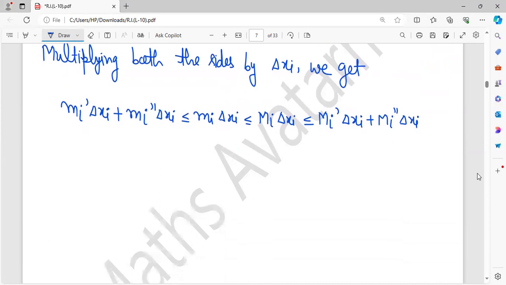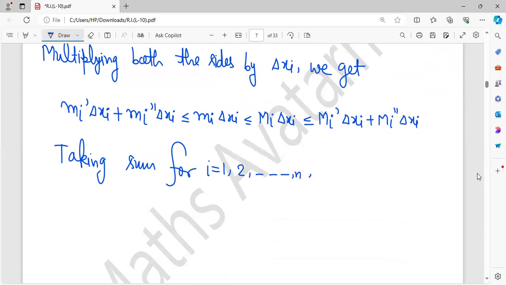Now taking sum for i goes from 1 to n, we get what we get. Now we are taking sum on both the sides. Okay, so it will be this.